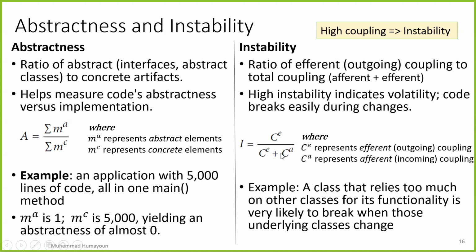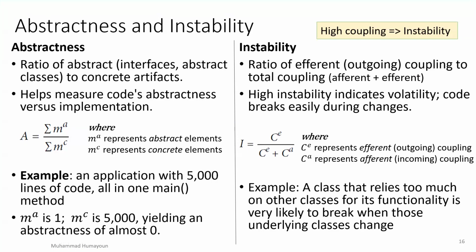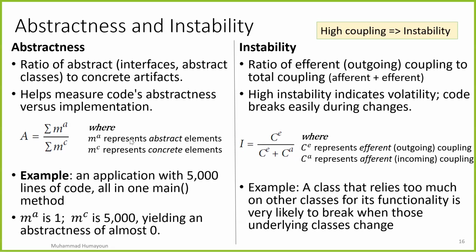And underneath, you divide it by the efferent coupling, all the outgoing connections, plus all the incoming connections. And once you do that, you get instability and you get abstractness.